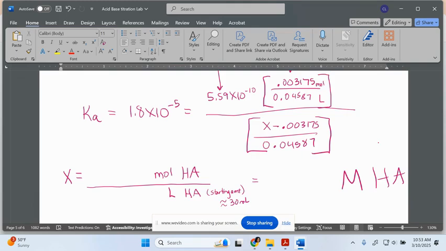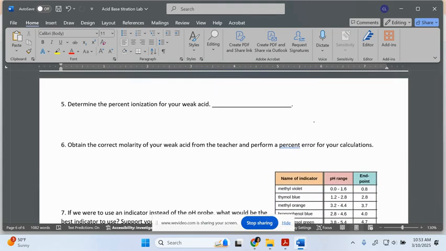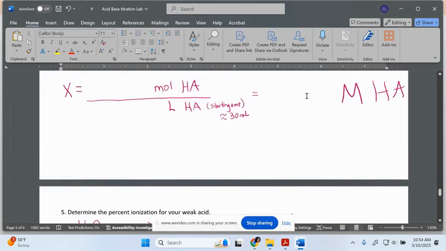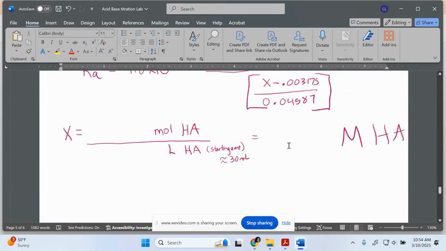Now, the next thing that you have to do is percent ionization. Okay, so percent ionization is going to be from this equation. You know that this is whatever answer you got up here. So you've got to bring that answer down. That was your final molarity up here.